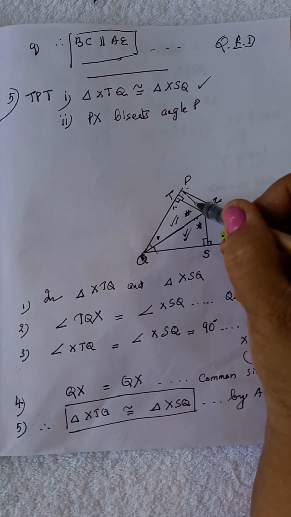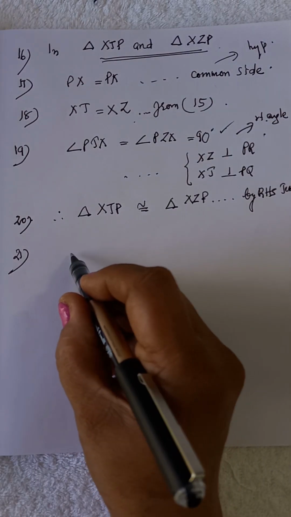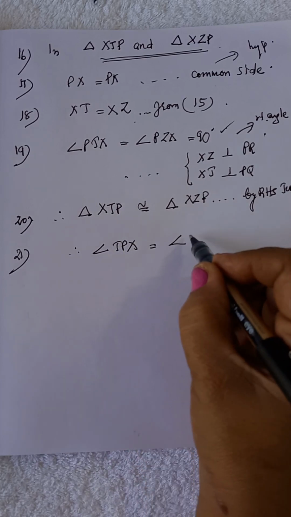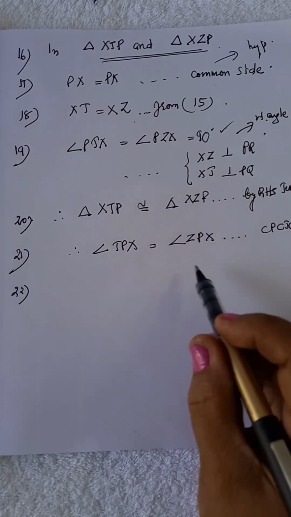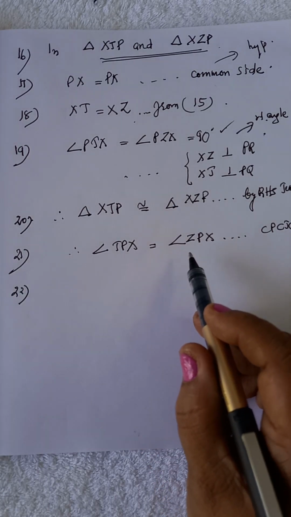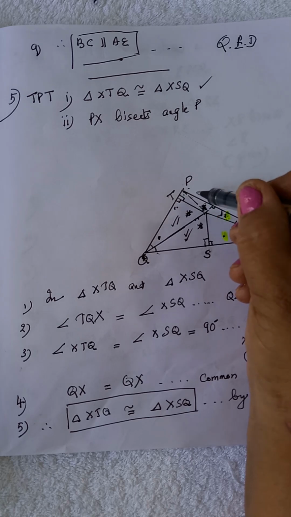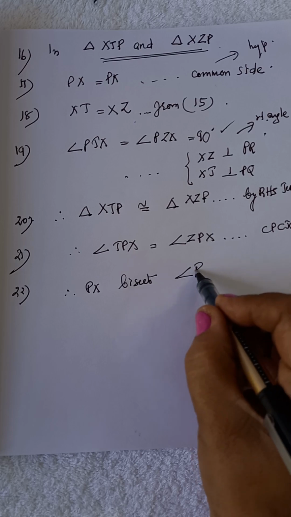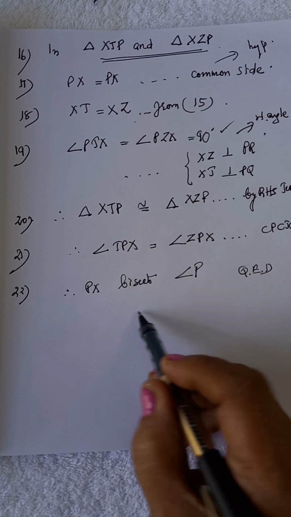We can write 21st point as, therefore angle TPX is equal to angle ZPX, reason CPCTC. Now the 22nd point. If these two angles are equal, means this PX bisects angle P. So we can write, therefore PX bisects angle P. So this is QED. We have proved.